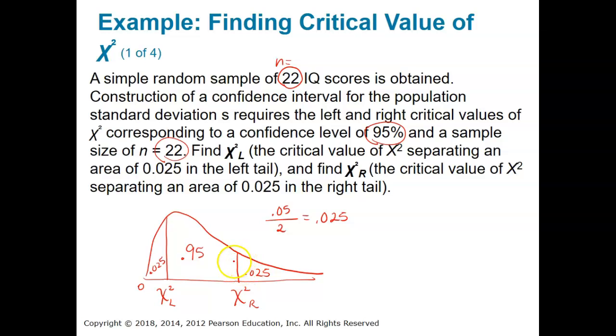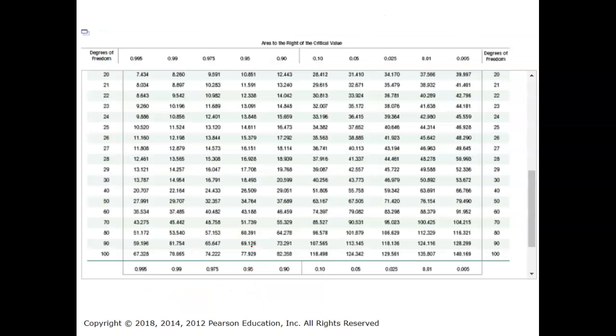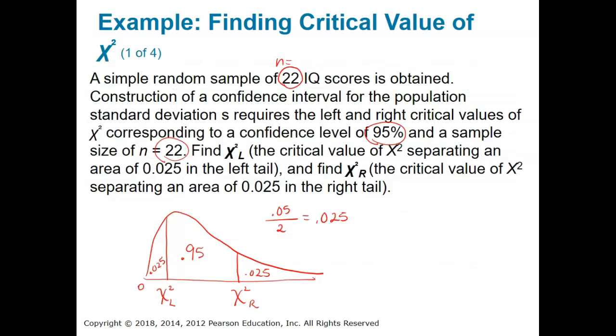So on our table, if we look over here at this table, you can see that it says area to the right of the critical value. So just keep in mind that that's what you're going to see up here. So in every other case, when we did inverse norm and inverse t, we used the area to the left. But for this table, we're going to use the area to the right. So if I'm trying to find chi-squared left, that's this value here, then I'm going to need to know the combined area to the right.